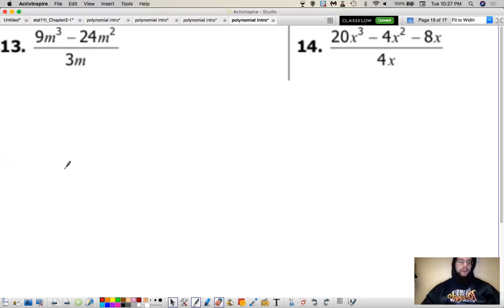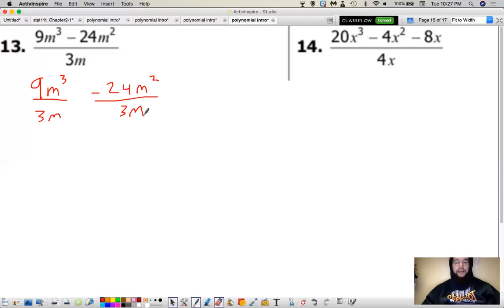Okay? To do that, since we have a single monomial down here, we can split this up. And I'd highly advise doing it. We got 9m cubed over 3m minus 24m squared over 3m. Again, let me reiterate.